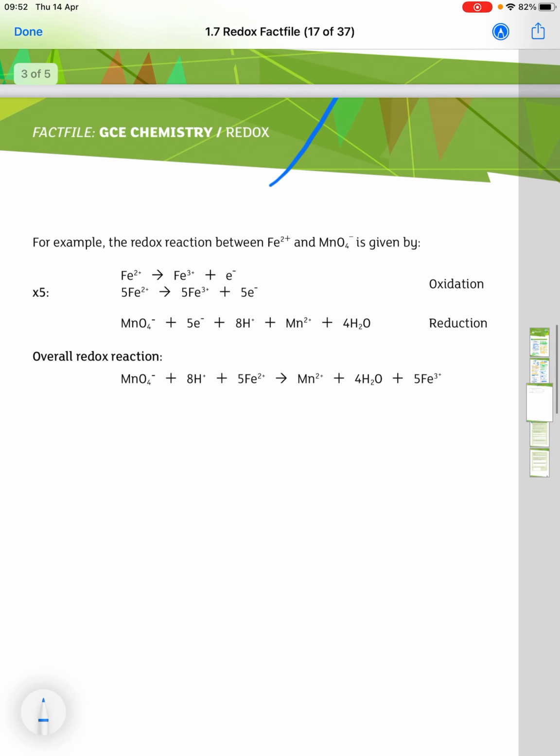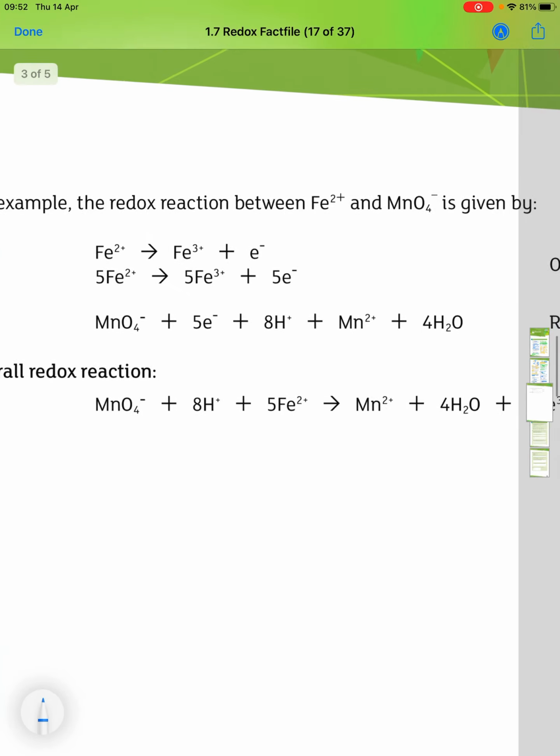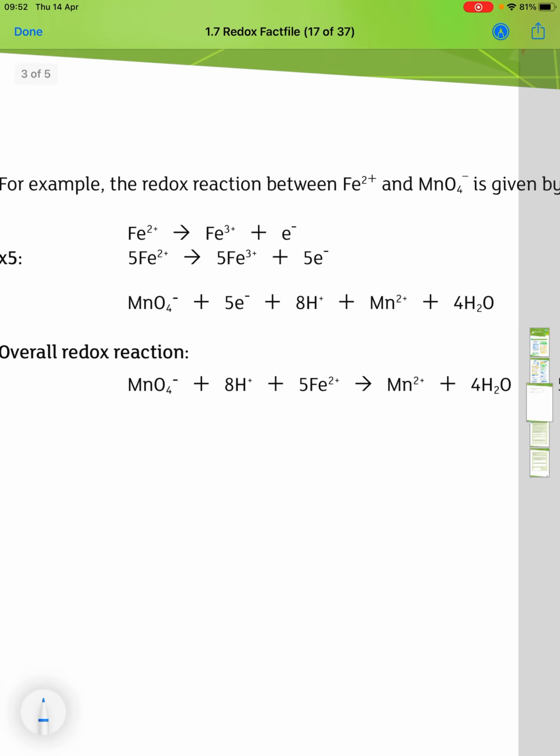Let's look at a little example of that. If we look at the example of the reaction between iron(II) and MnO4-, that's the one that we've just seen and just balanced up above. So we need to look at the iron, so Fe2+ going to Fe3+ plus an electron.